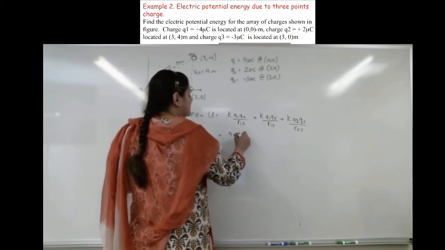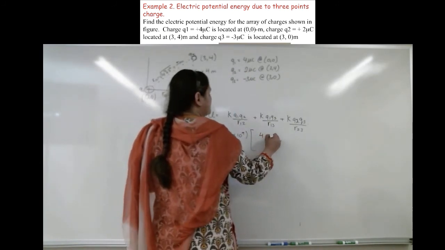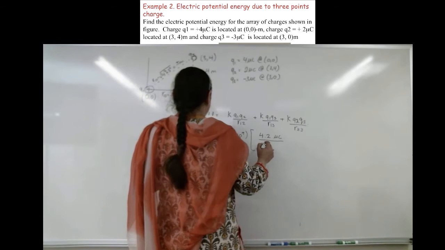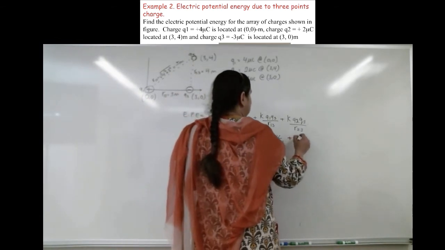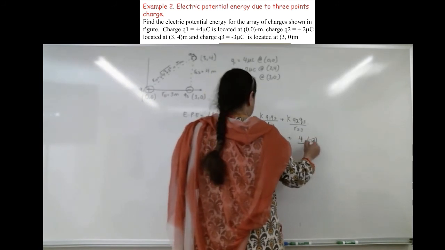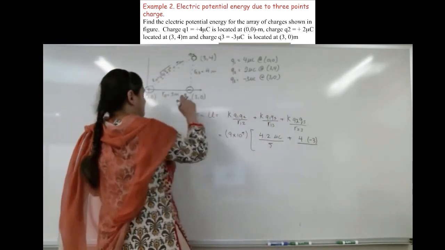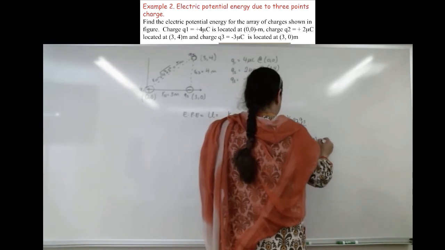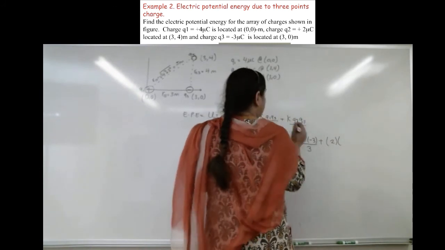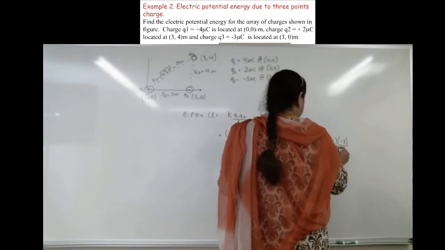So K will be 10 to the 9. And then we have 4 times 2 microcoulombs divided by R12, which was 5, plus 4 times minus 3 divided by R13, which was 3, plus Q2 times Q3, which is 2 times minus 3, divided by 4.